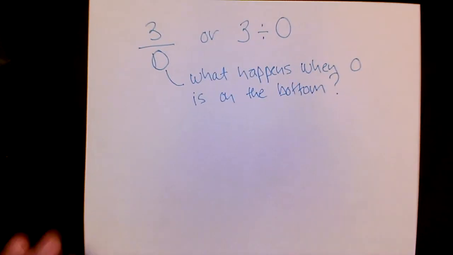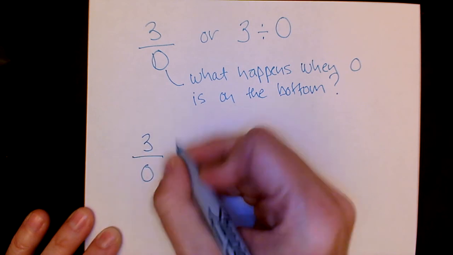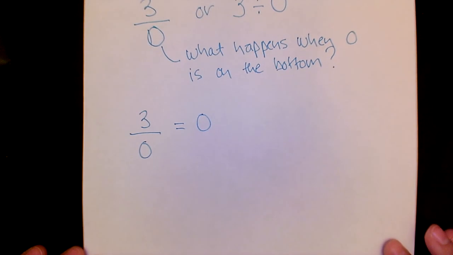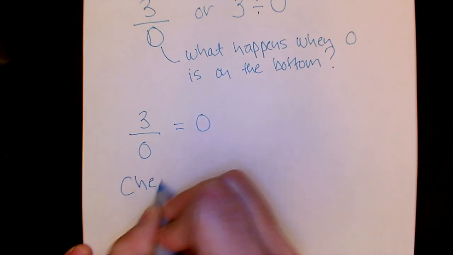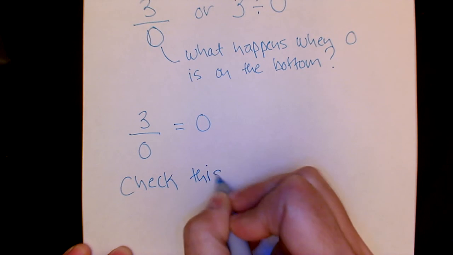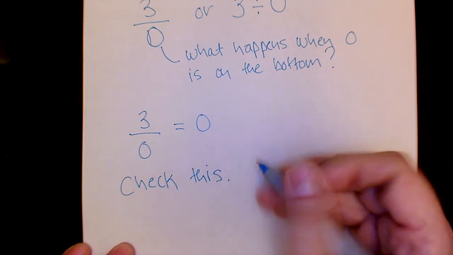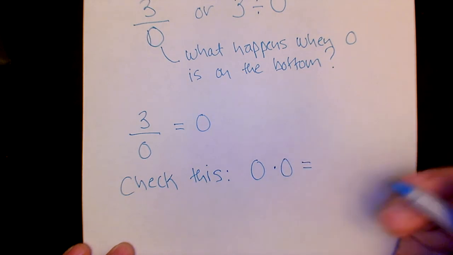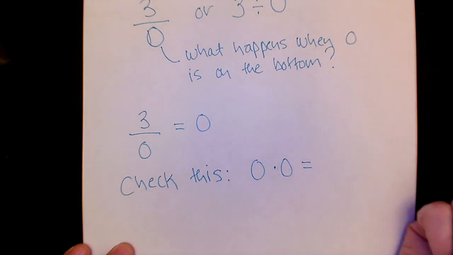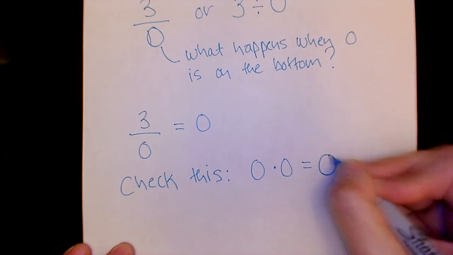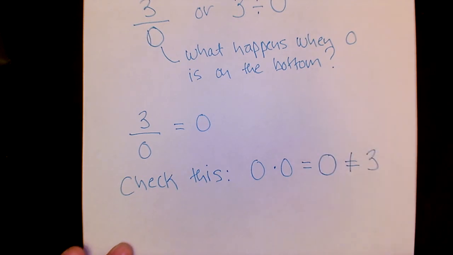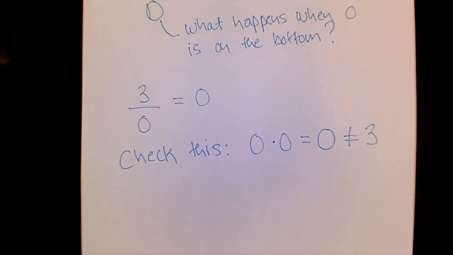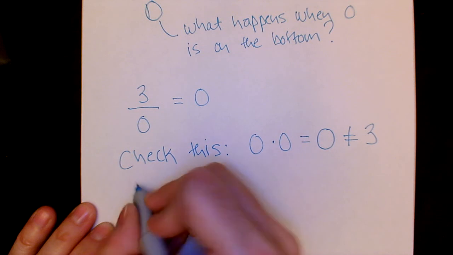So most people think that 3 divided by 0 is 0. So let's say you did think that. Let's check it and take our answer times the divisor. 0 times 0, we learned anything times 0 is 0 from last section. And that's not 3, because we needed to get back to 3. So this does not work.